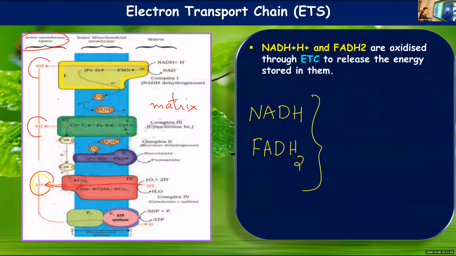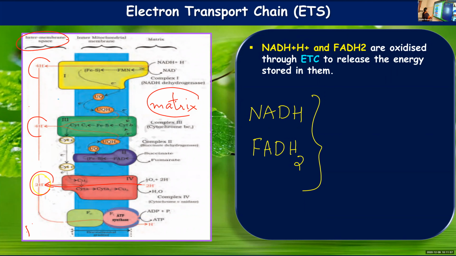protons or hydrogen ions from the matrix. Remember what we had learned earlier in photosynthesis, the chemiosmotic hypothesis. So utilizing that energy, protons from the matrix will be pumped to the intermembrane space, the space in between the two membranes. So what happens as a result?